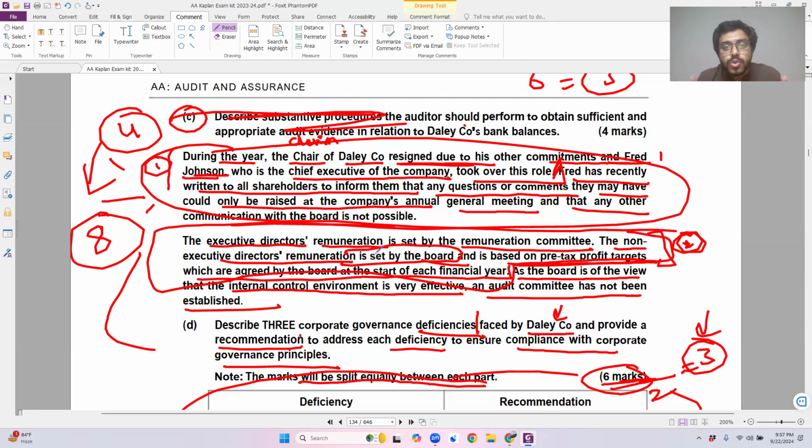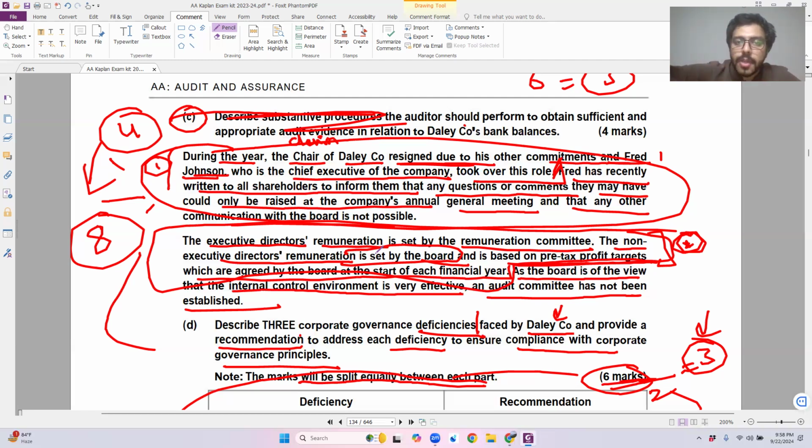The internal audit department is responsible for making sure that the internal controls of the company are correct. If there is no audit committee, then who is overseeing the internal audit department? If no one is overseeing the internal audit department, how can you make sure that the internal controls are effective and good? How can you make sure of that? So you must have an audit committee.